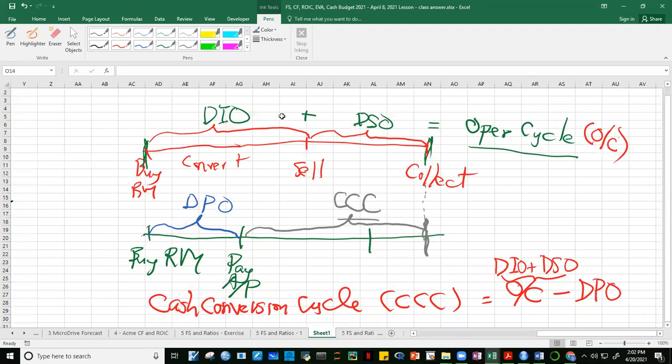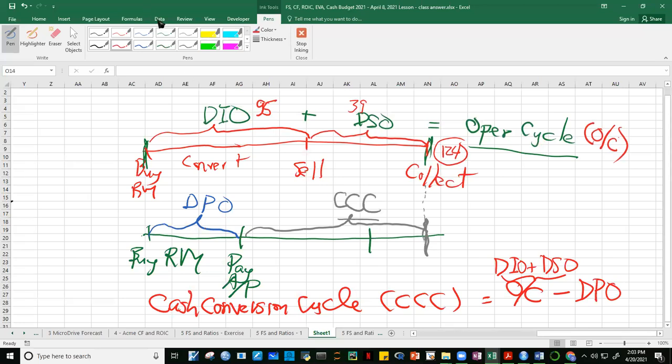So this is 95. This is 39. Okay, pag inadd natin yan, ang total natin dito is 124. So this is our operating cycle.